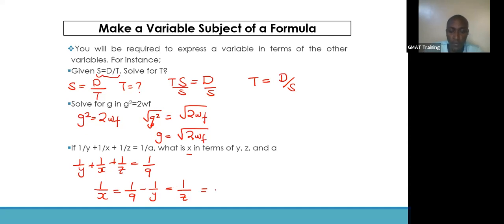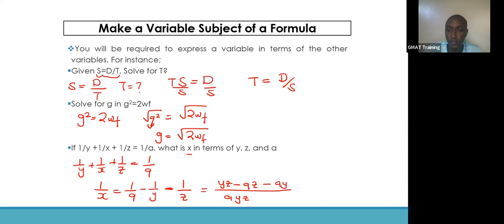You can find the reciprocal by this. Let's have the LCM of these three values. So you can have the LCM of a, y, and z. That's a times y times z. A times y times z divided by a, that will be yz, minus a times y times z divided by y, that's az, minus a times y times z divided by z, that will be ay.